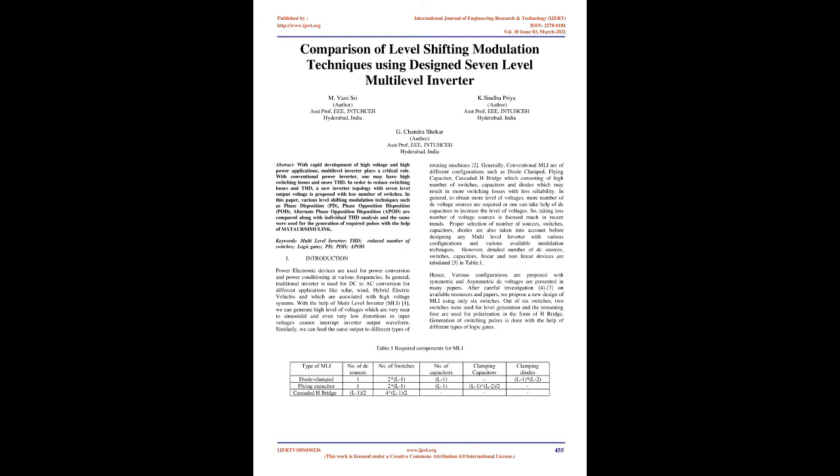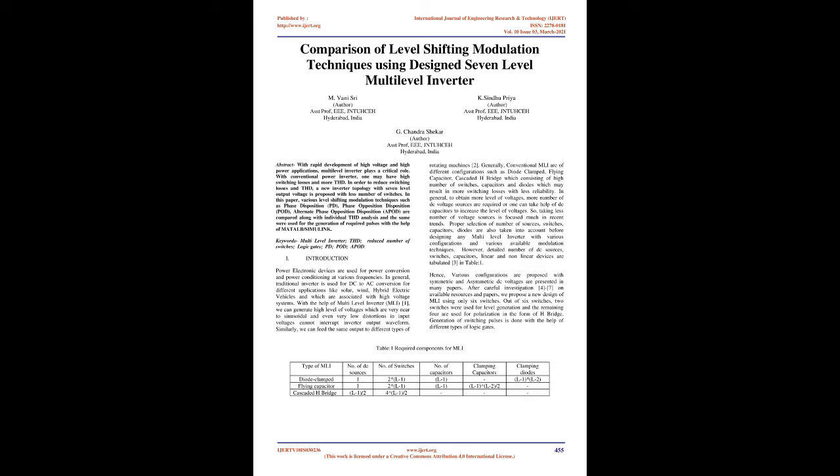Generally, conventional MLIs are of different configurations such as diode clamped, flying capacitor, and cascaded H-bridge, which consist of a high number of switches, capacitors, and diodes, which may result in more switching losses with less reliability. In general, to obtain more levels of voltages, more DC voltage sources are required, or one can take the help of DC capacitors to increase the level of voltages.